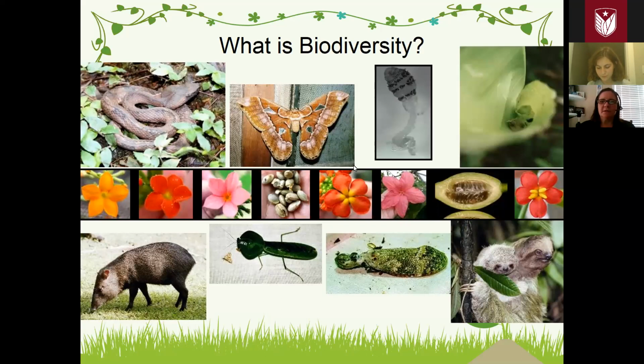So what is biodiversity? This slide certainly shows a wide variety of amphibians, plants, mammals, insects, lots of different things, even a little botfly larva. If you've never seen a picture of a botfly larva, that's it. If you don't know what a botfly is, we can talk about that later.